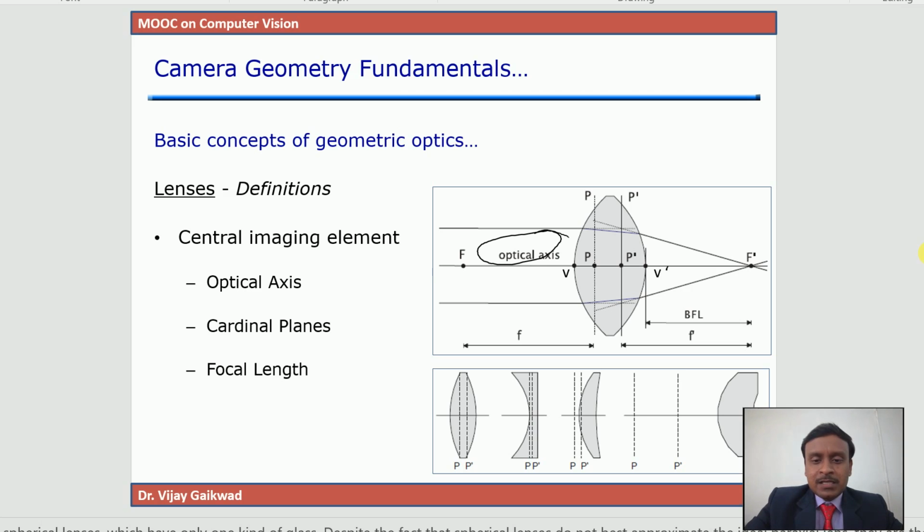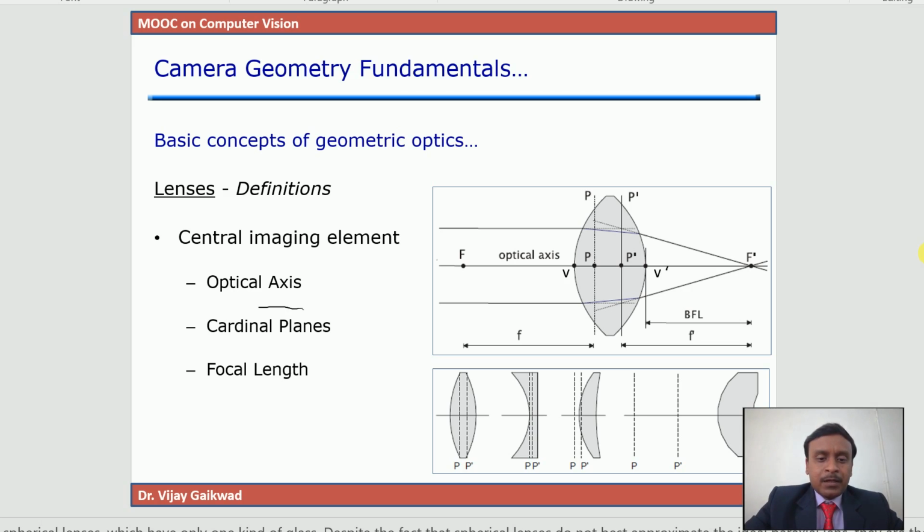This axis travels exactly through the center of the lens, and hence it's called the optical axis or Z axis. As per the previous discussion, if the incident ray travels along this optical axis, then the angle made is very negligible, and we approximate it with the equation n1 alpha 1 equal to n2 alpha 2, as mentioned. And such a ray which is traveling close to the optical axis is called a paraxial ray.